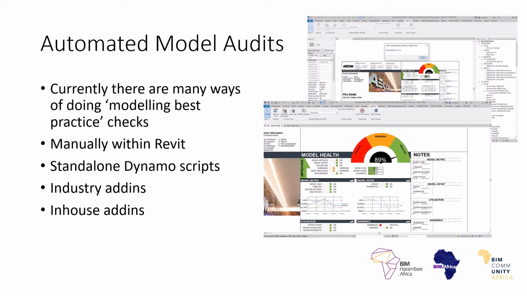So another option, in particular with people authoring in, say, Revit, is platforms like Dynamo, where you can create Dynamo scripts that can do a level of model audits or checks. I still believe that Dynamo is relatively specialized, and to be good at it, you have to be doing it quite often.